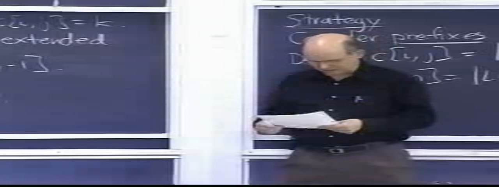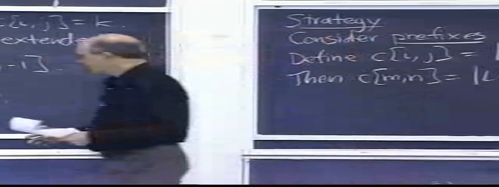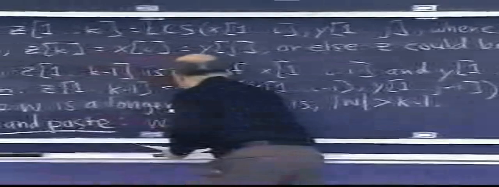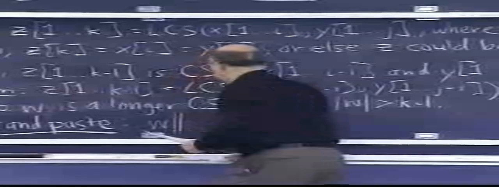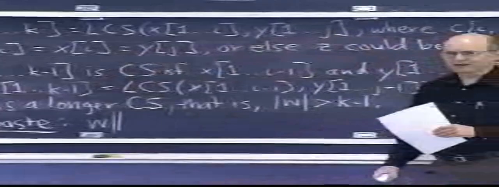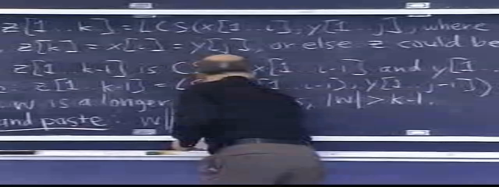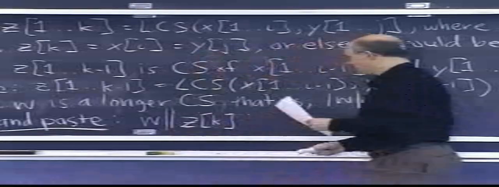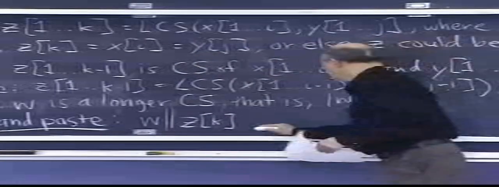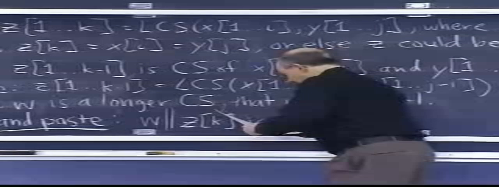So if I take a look at W concatenated, so that's one notation for concatenation, with Z of K, that is a common subsequence of X and Y, right?